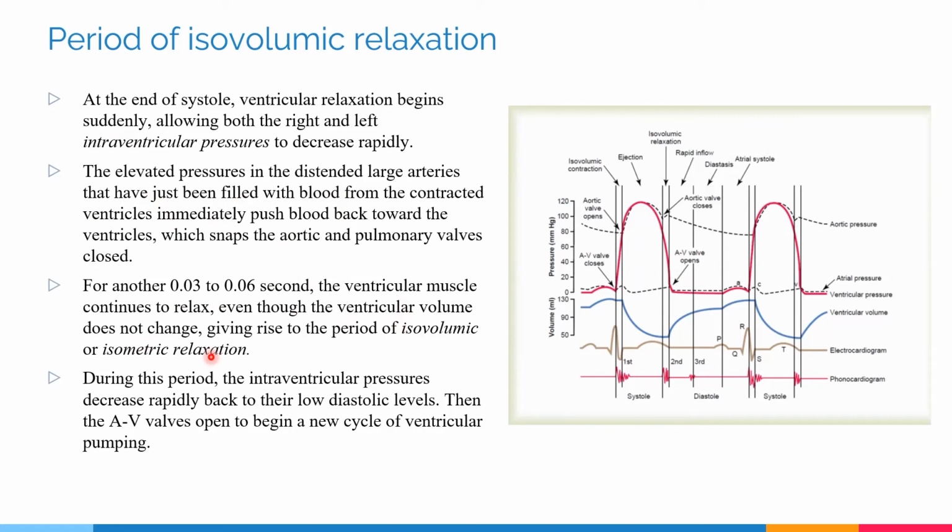As there is no flow of blood anywhere, ventricular volume does not change, but the muscles are relaxing. And this gives rise to the period of isovolumic or isometric relaxation. During this period, the intraventricular pressures decrease rapidly back to their low diastolic levels. So we again reach the starting point of the previous cycle.